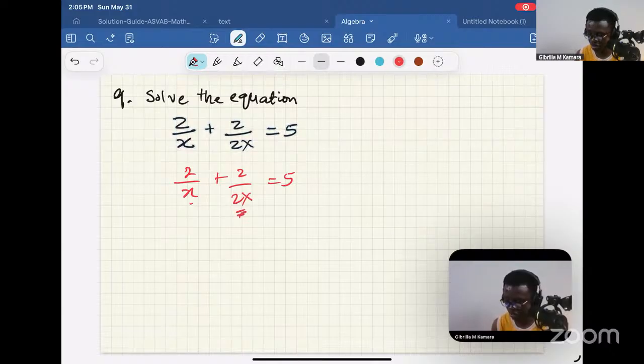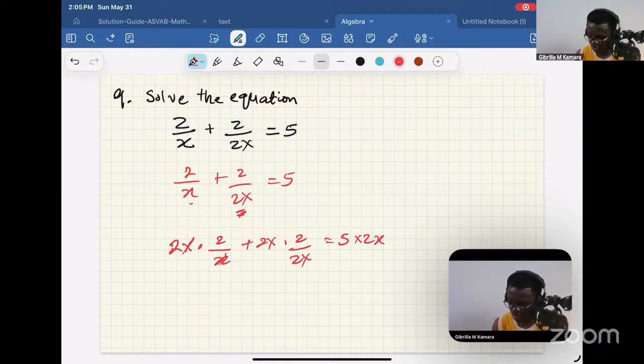Then this again can go into itself without taking that. So what I will do because of that, and it's like the LCM, okay? So what I will do, I will just put here 2x, multiply it throughout, 2x into 2 over x, which is this, then plus the same thing again, 2x, you multiply it by 2 over 2x, then equals to 5 multiplied by 2x.